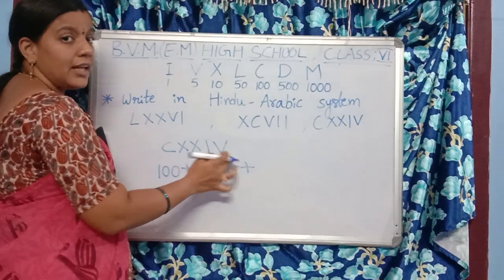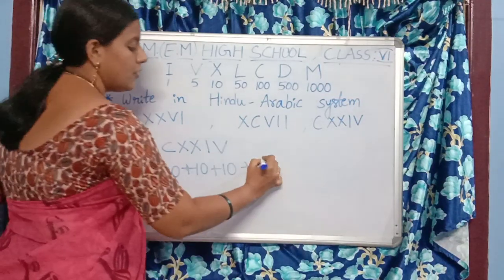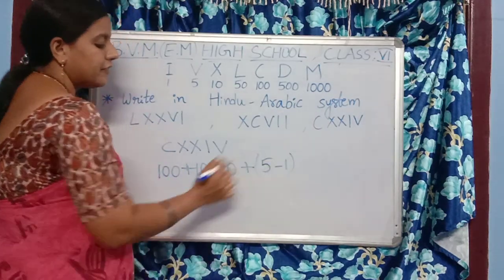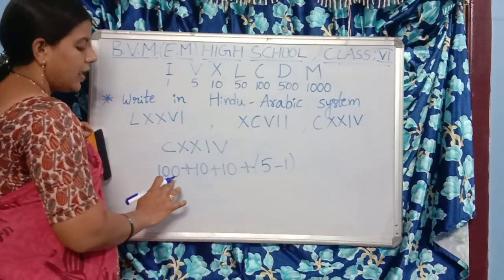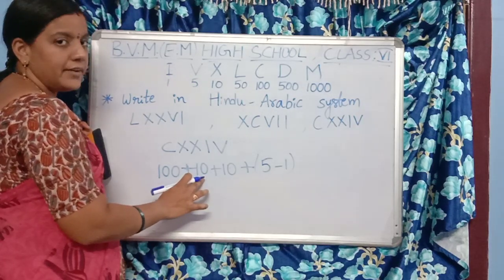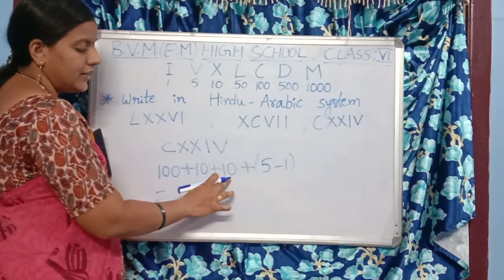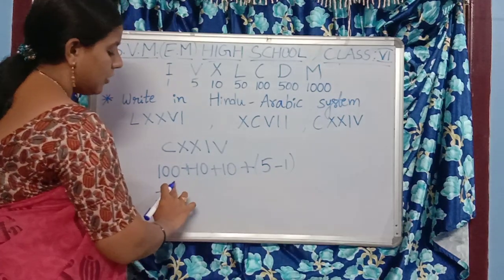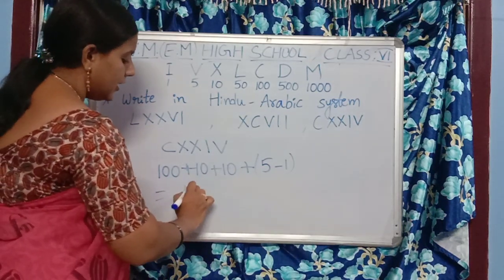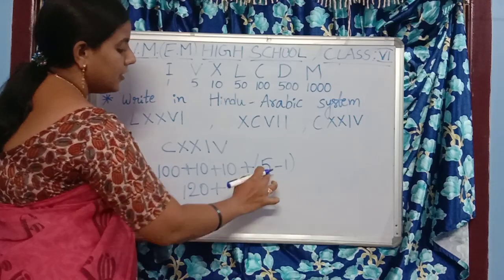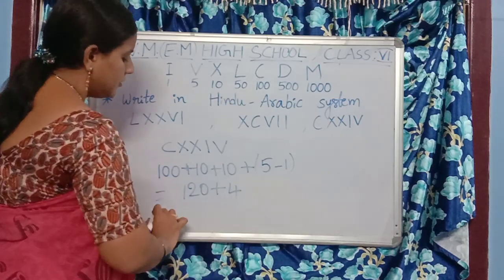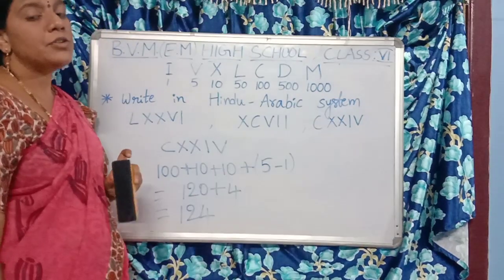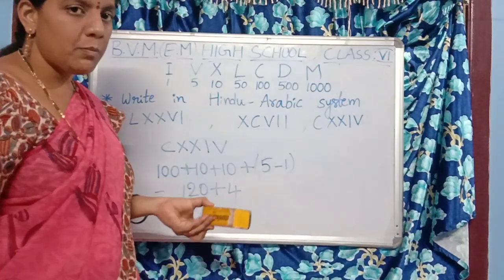I is on the left side of V, so 5 minus 1: the 1 is subtracted from 5. 100 plus 10, 110, 120, plus 5 minus 1, 4. 124. Like that you have to practice more numbers. Okay?